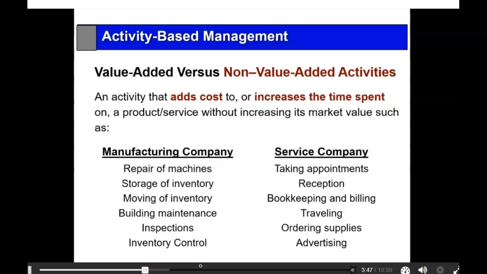However, these activities add no value to the perceived quality of the end product. In the service area, taking appointments, reception, bookkeeping, and billing, we can reduce the number of times those activities are performed and therefore reduce the costs.